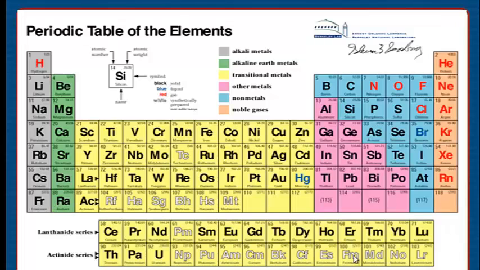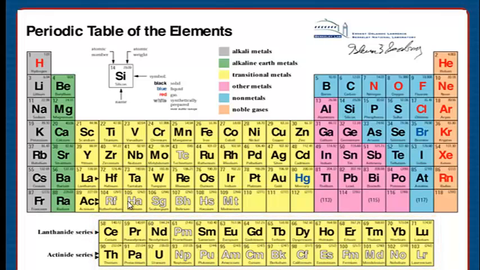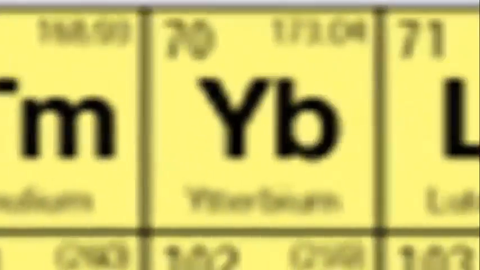But what about the elements at the bottom of this periodic table? Well, these elements belong to rows number 6 and 7. For example, here we have the lanthanides. There are 14 elements and they have atomic numbers between 58 and 71.